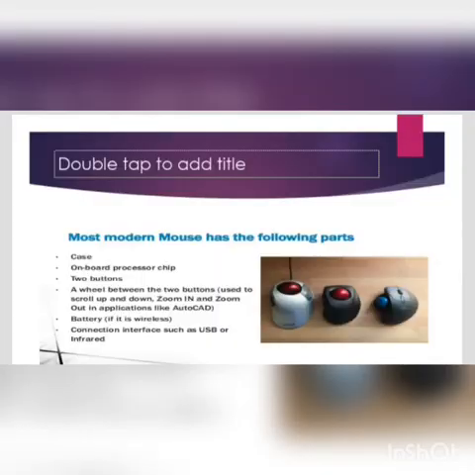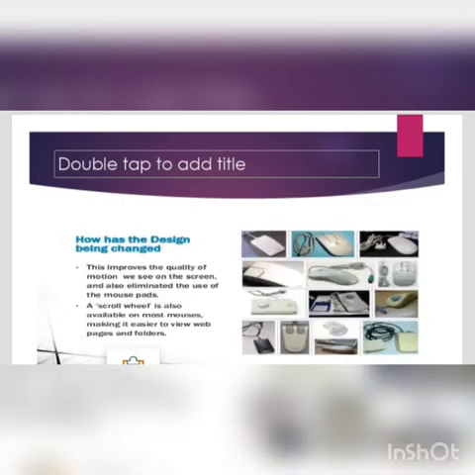As we studied earlier, most modern mouses have three parts: a case, two buttons and a scroll wheel. We have studied the functions of the scroll wheel and buttons as well. In this slide we are seeing different designs of mouses.